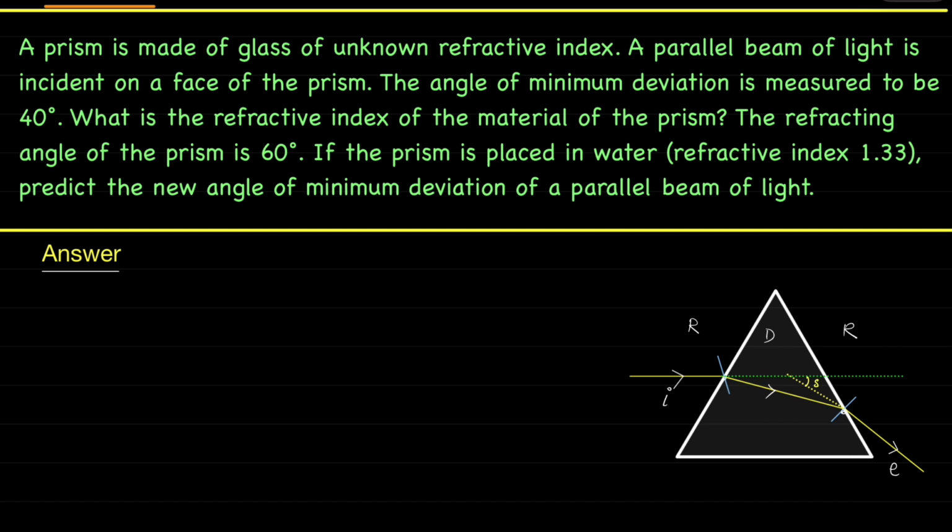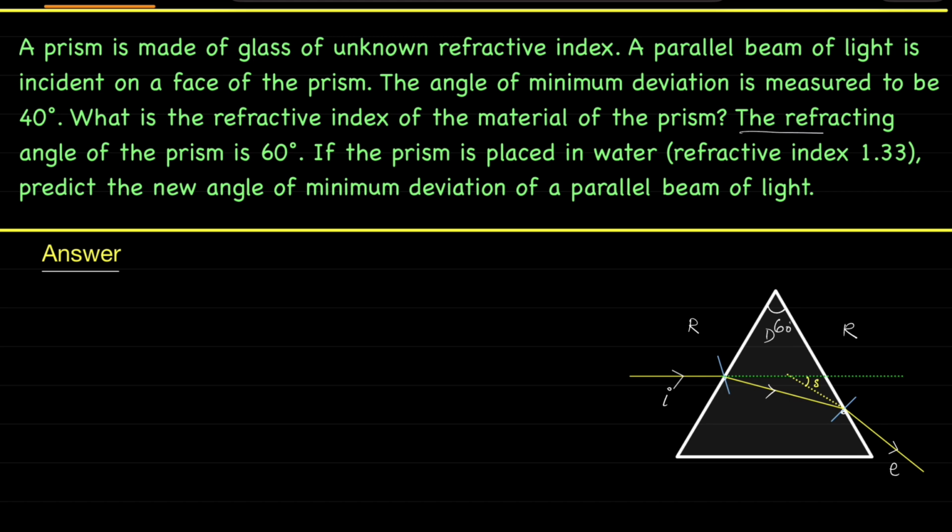Suppose, assume that there is no prism, so what will happen? The incident ray will go straight. But because of the prism, it will get deviated or deflected. So how much angle of deviation it will form, that we have to find. And here in the question, it is also mentioned that this is our angle of the prism and its value is given as 60 degree.